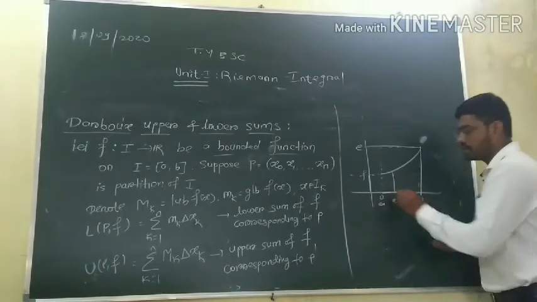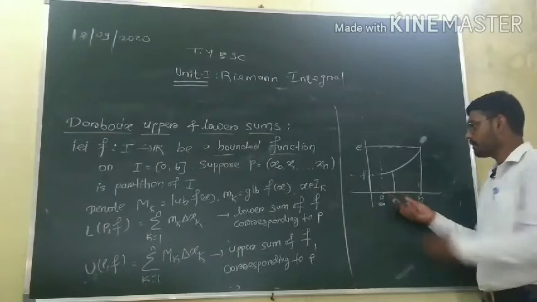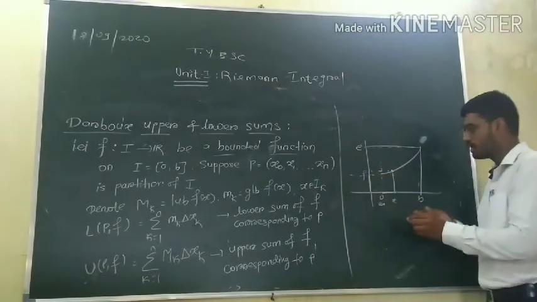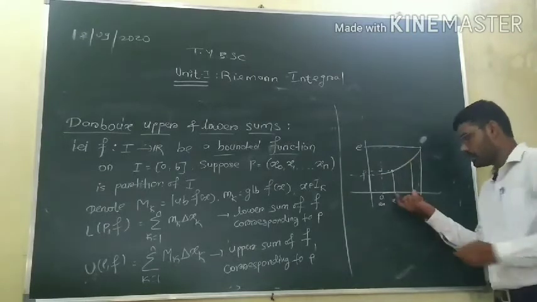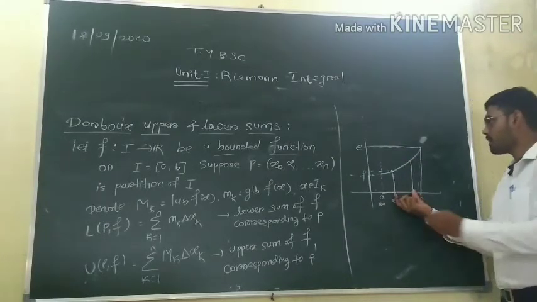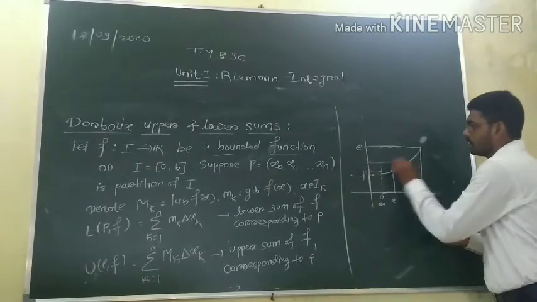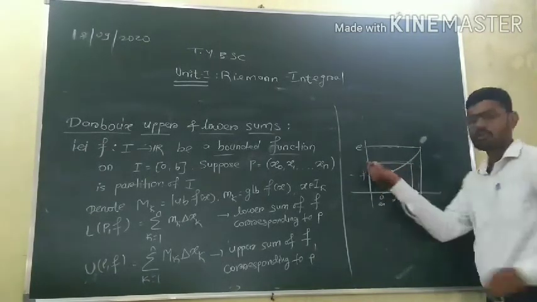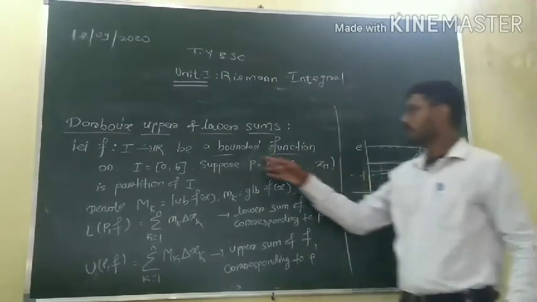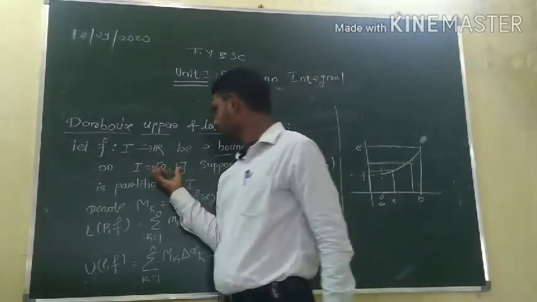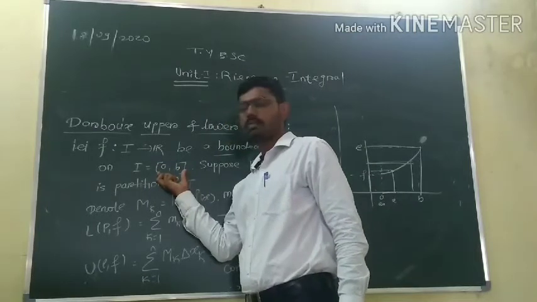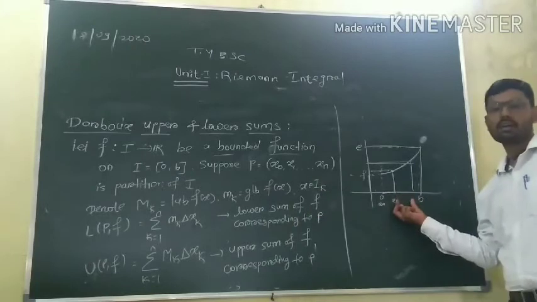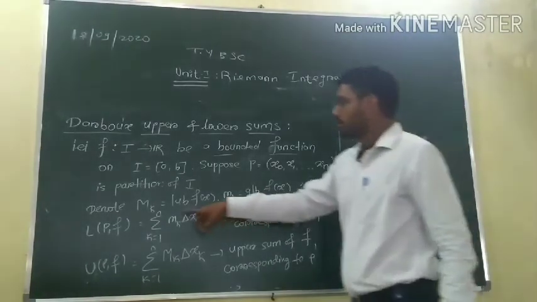In this interval the function is also bounded: this is the upper bound and this is the lower bound. Again in this subinterval the function is bounded, with this upper bound and this lower bound. So if a function is bounded on a closed bounded interval a to b, it must be bounded on its subintervals.